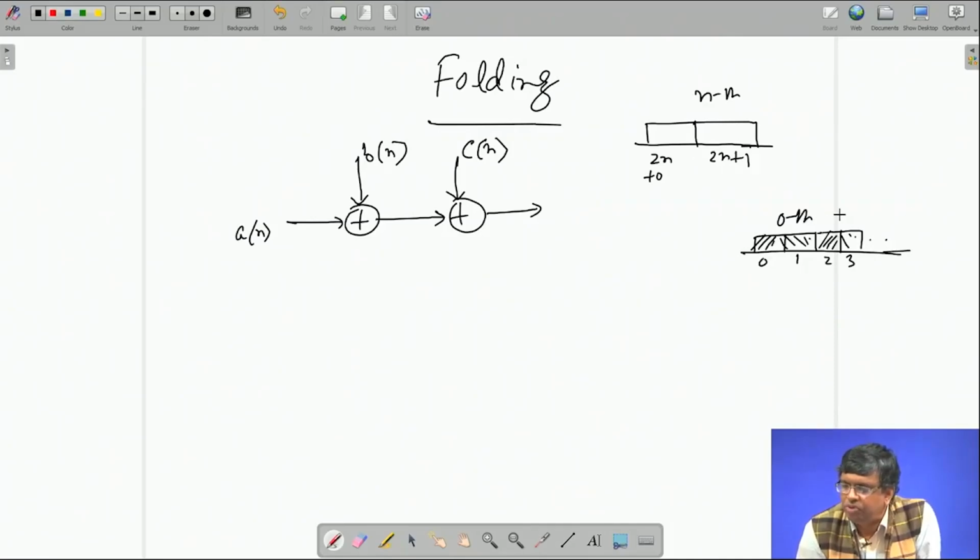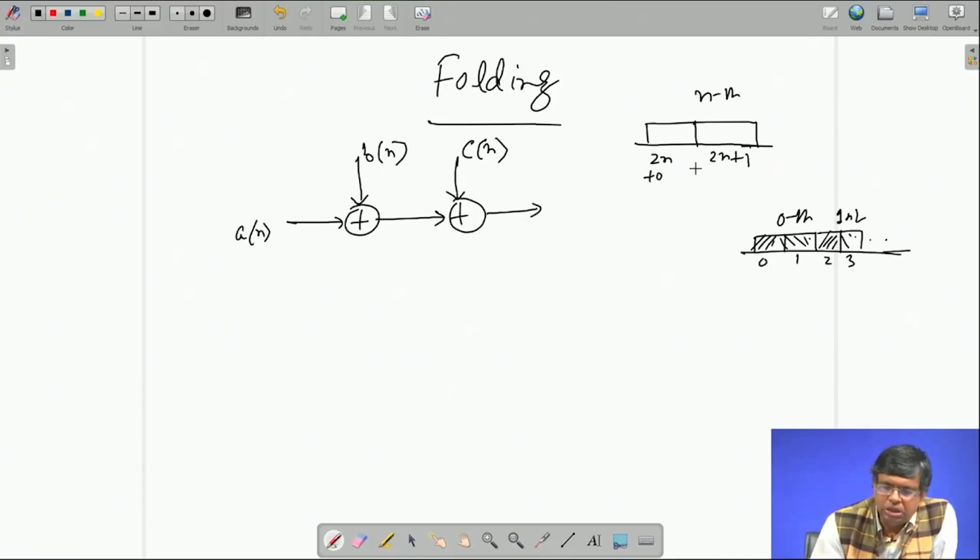So the first input clock gives us system clock 0 and 1, the second input clock gives us two system clocks, 2 and 3, then 4 and 5. So, even, odd, even, odd. So, in the case of nth, 2n plus 0, 2n plus 1.